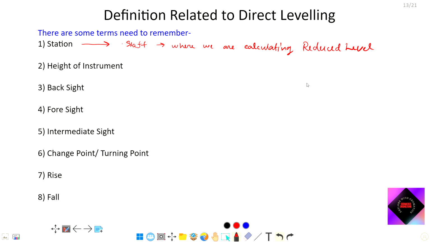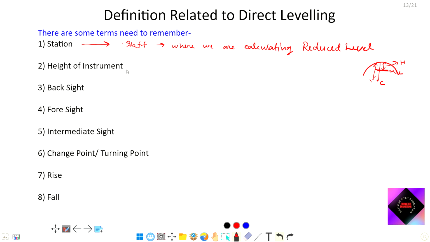Just keep in mind that actually we need to calculate the height from the center of the earth, but we are calculating from somewhere above, that is the surface of the sea level, mean sea level. So this total height got reduced, that's why it is called reduced level.